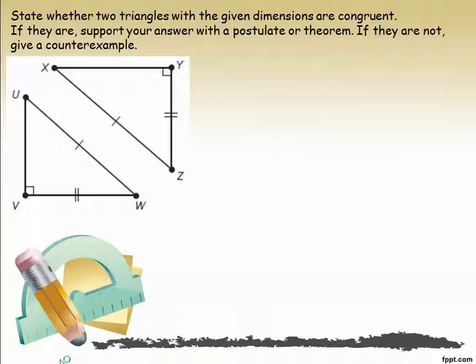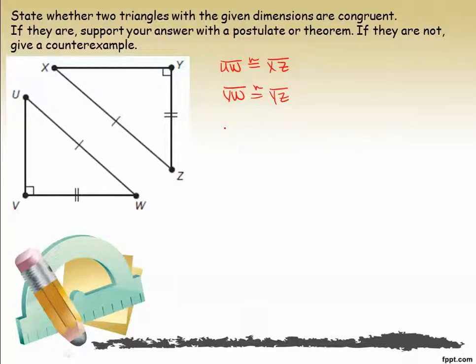Okay, let's see how this one works out. Oh wow, we've got these corresponding sides. We've got UW is congruent to XZ. We've got VW, Volkswagen, is congruent to YZ.